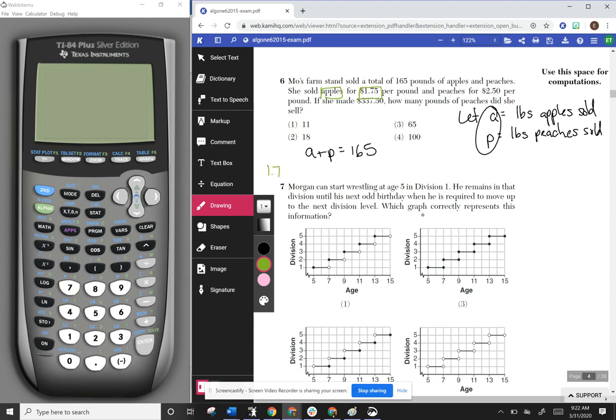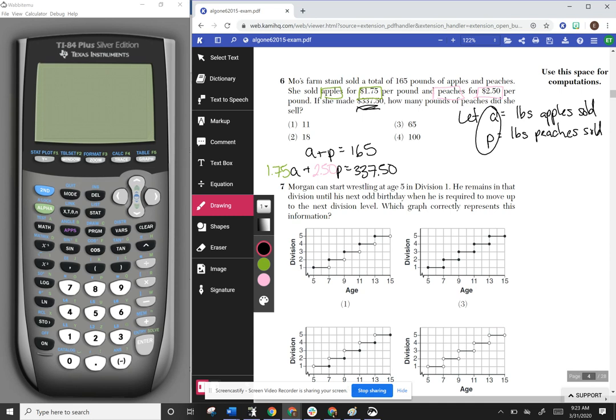So that's going to be 1.75 times A plus. She sold the peaches for $2.50 per pound. So that's going to be 2.50 P. And that's going to equal the total of 337.50.